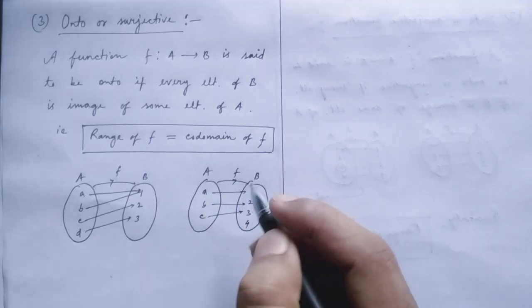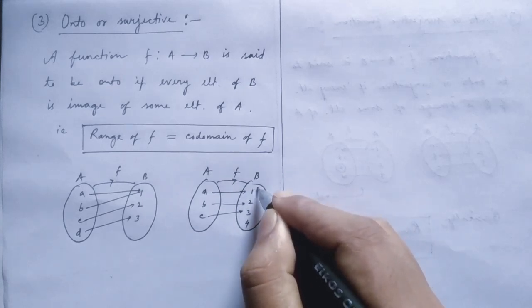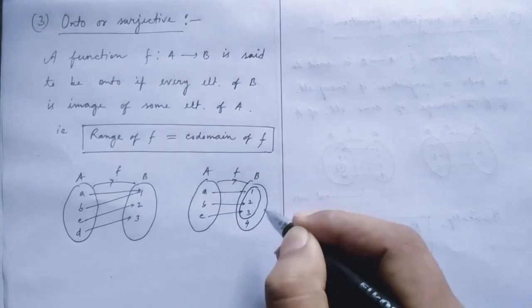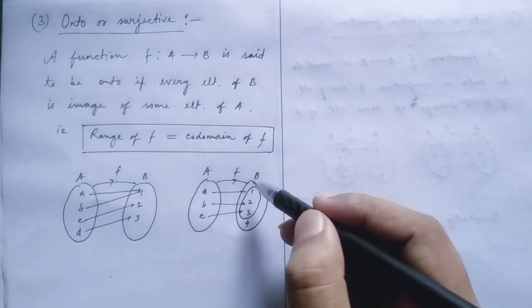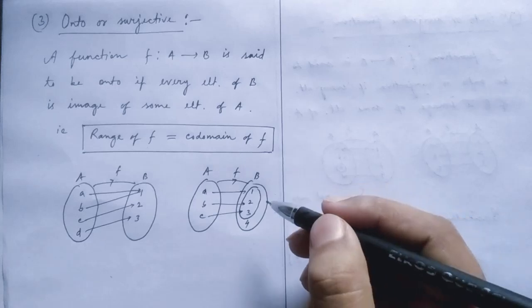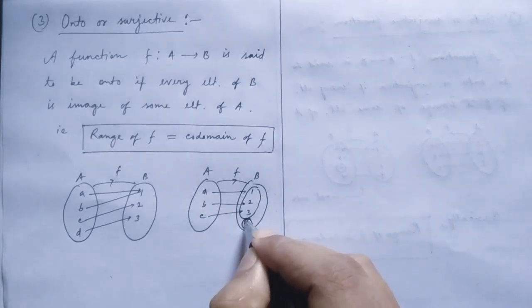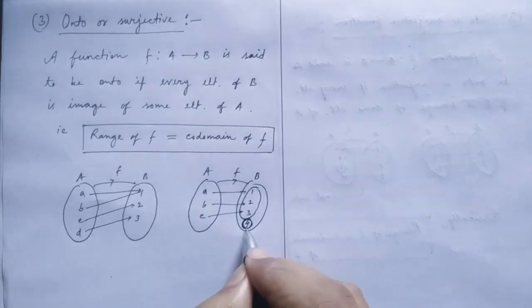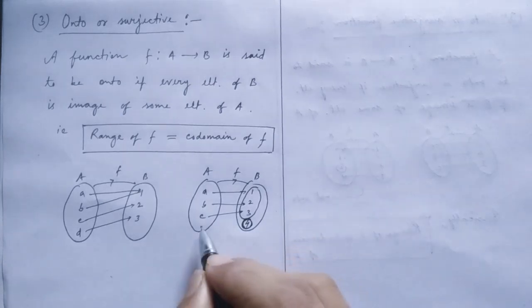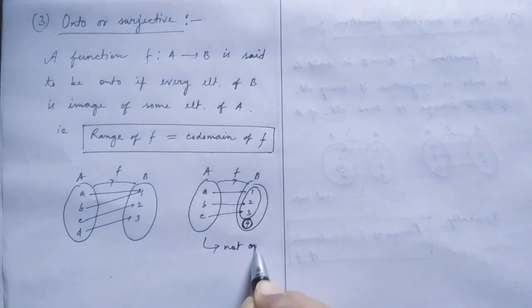But in this example, here the range is this set 1 to 3, and the range is not equal to the codomain of f, so this is not onto. And also you can say this element has no pre-image, so in this case this is not onto.